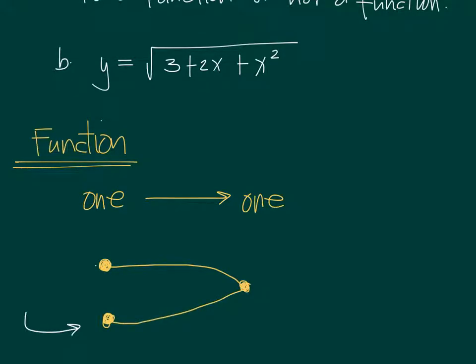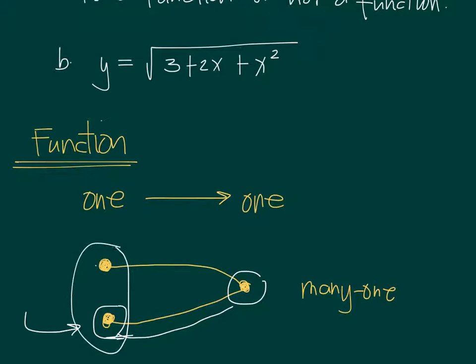But as you can see, the behavior is a single element going to a single element of the other set. So we could say this is a many to one pairing, because you could see many values of the first set going to a single value of the second set. But basically the idea is coming from 1 to 1.